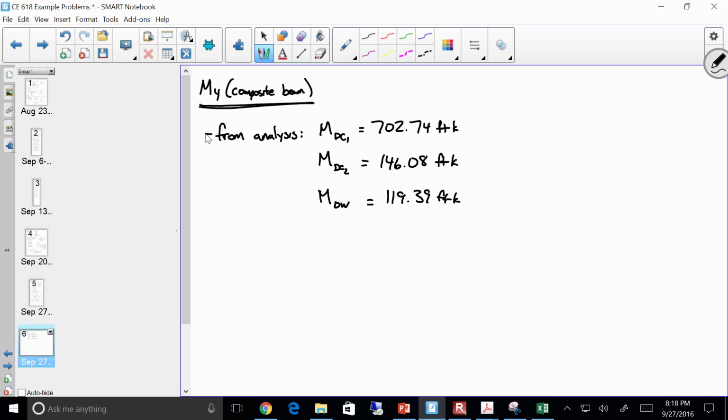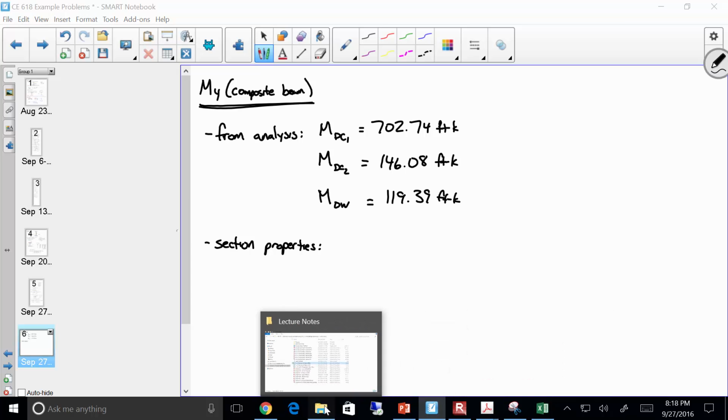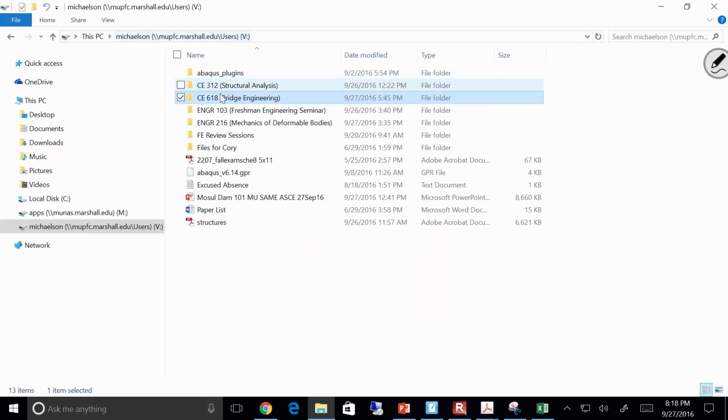Now we're going to need some section properties, okay? So I'm going to say section properties. Okay. All right. While you all are writing that, let me find homework 1.